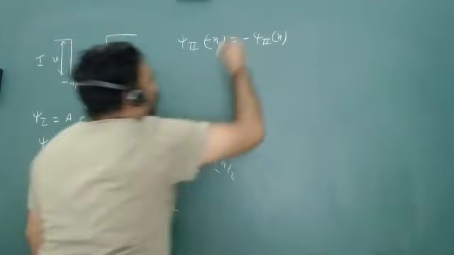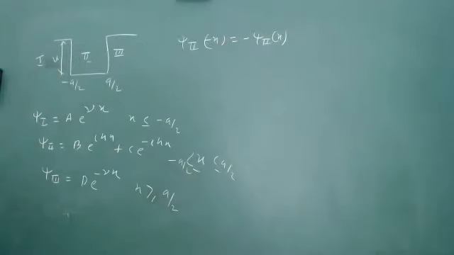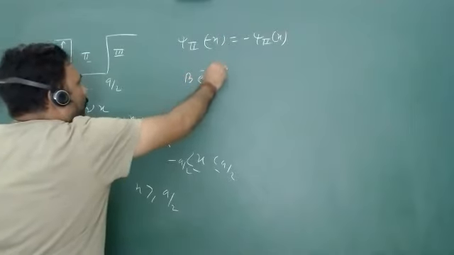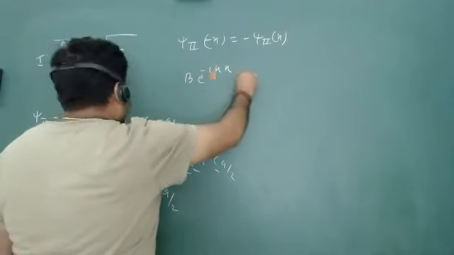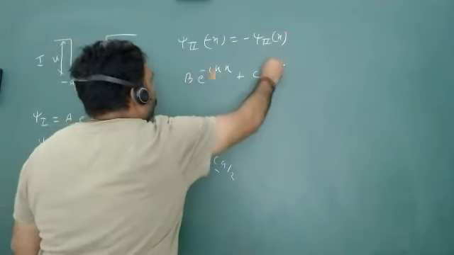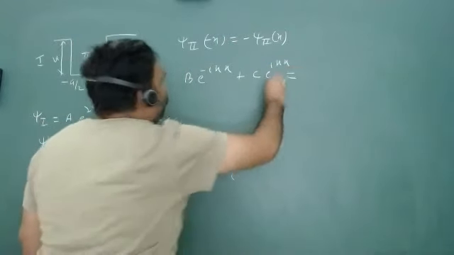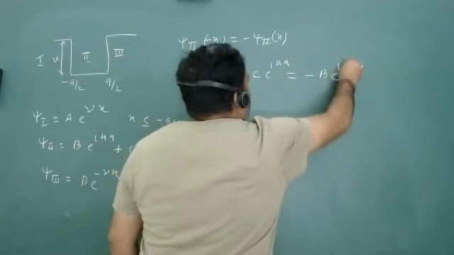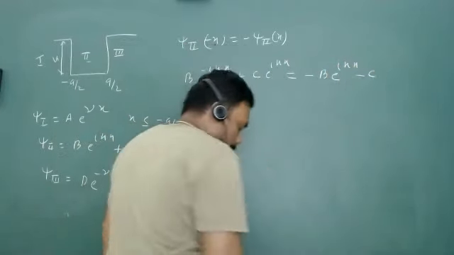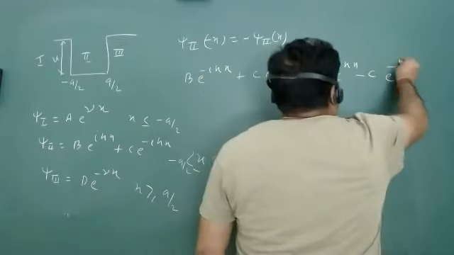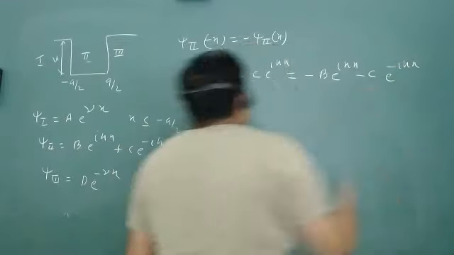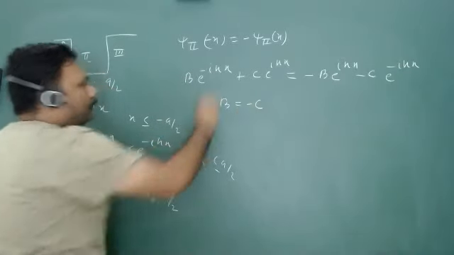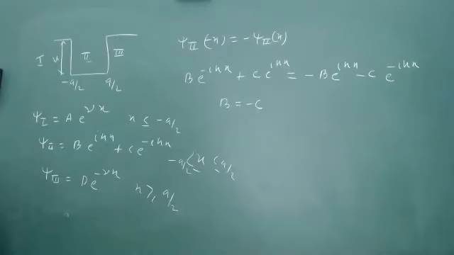Same thing as we have done in the particle in an infinite box. So we have B e to the power minus ikx plus C e to the power ikx must be equal to minus B e to the power ikx minus C e to the power minus ikx. What should be the answer?